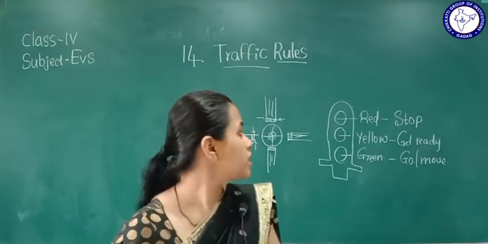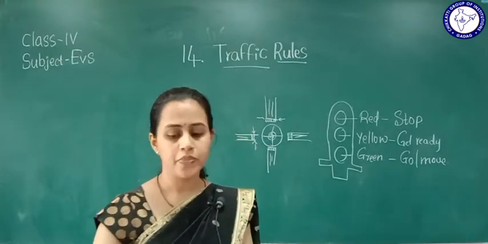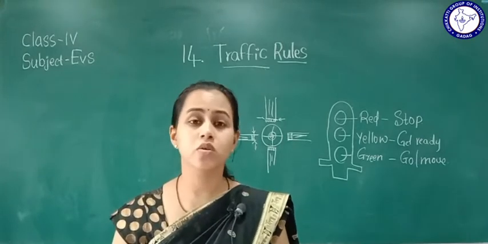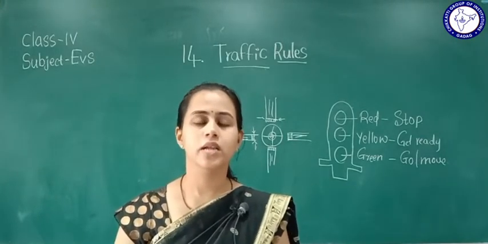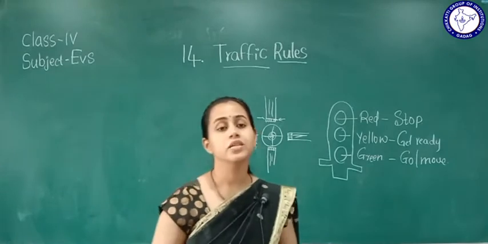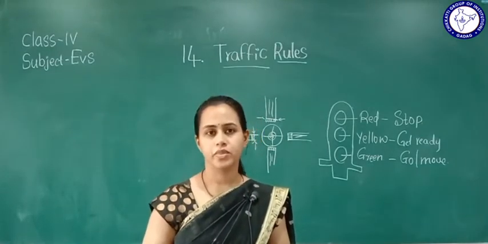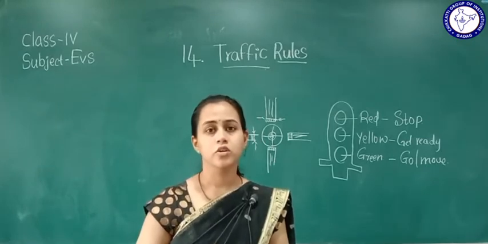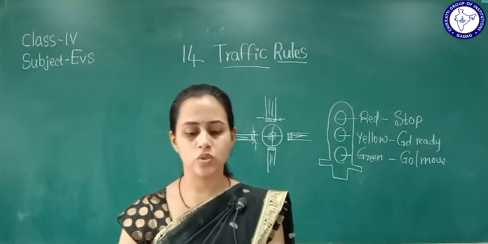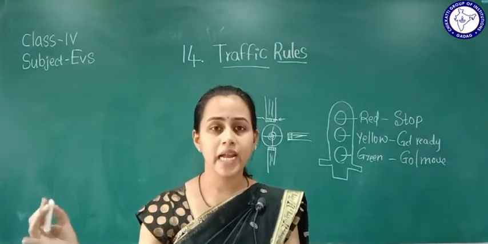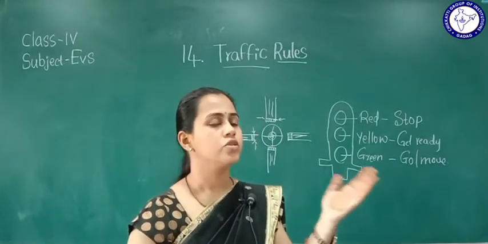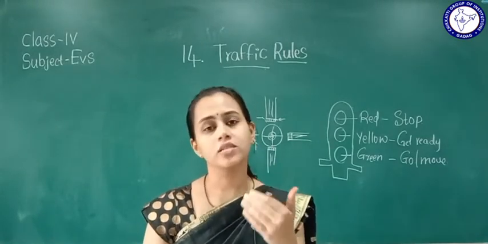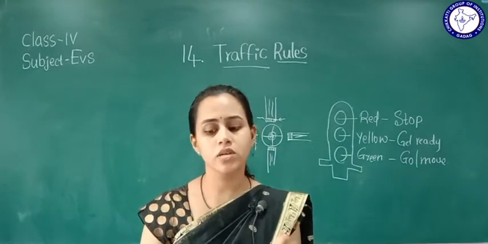Okay, so what is the first one? Where should pedestrians cross the road? Can you tell me how the pedestrian should cross the road? When all the vehicles are coming, should they cross? No, right? It's very dangerous when the red light is on. So when all the vehicles stop, that time we should cross the road.